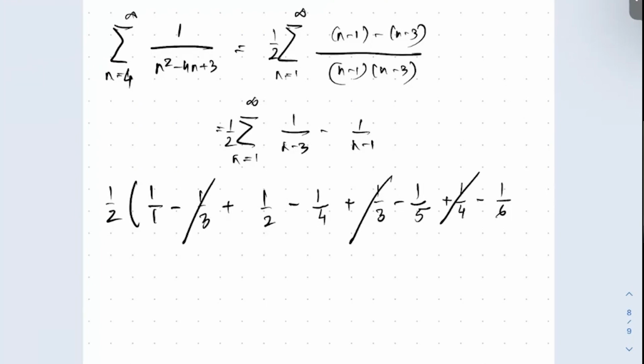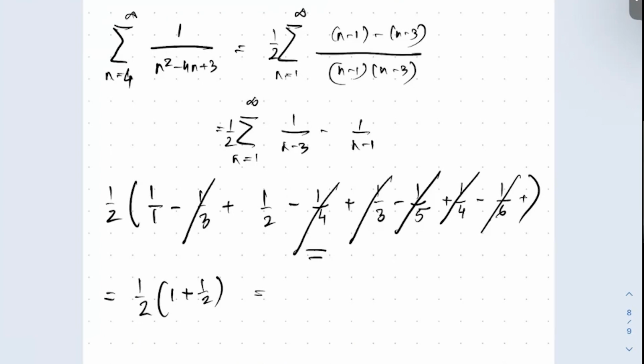Observe this 1 by 4 cancels. Again, the next one will be 1 by 5 minus 1 by 7, so this 1 by 5 will cancel. And the last term will go to 0. Therefore, the telescopic sum will go to half into 1 plus half. You can see everything gets cancelled after this point, and therefore it will be 3 by 2, so it's 3 by 4.